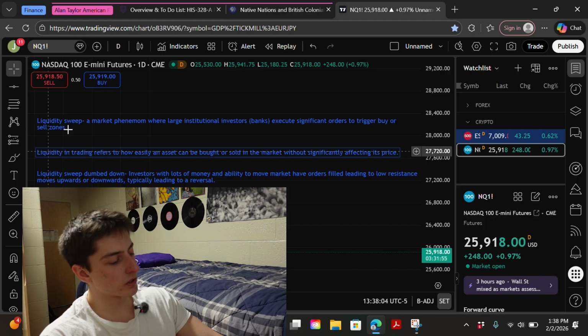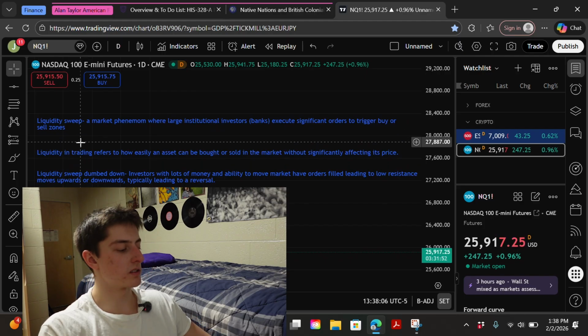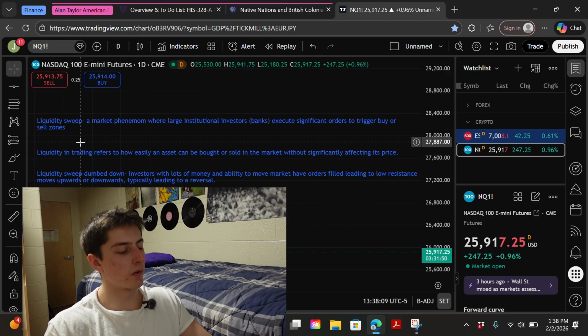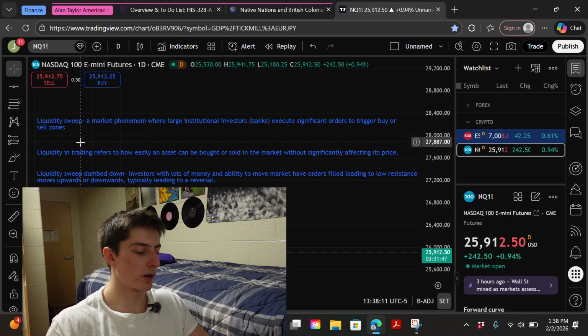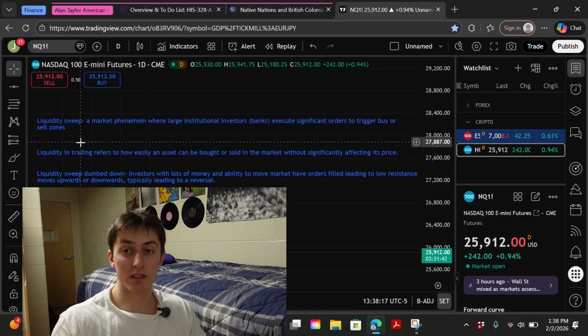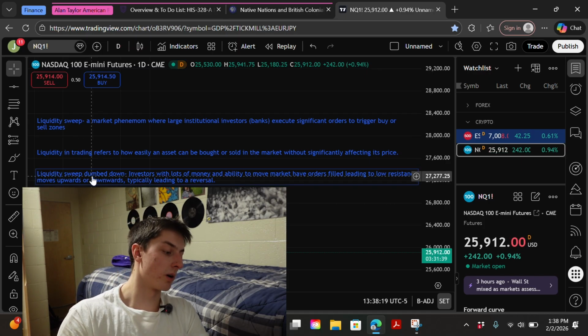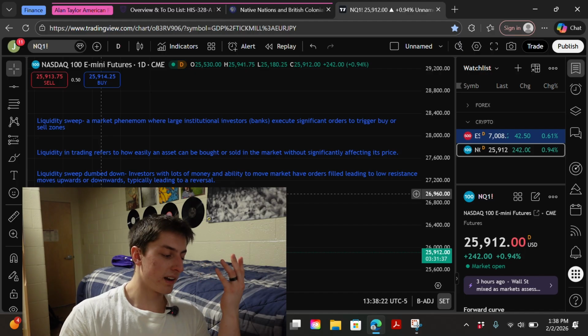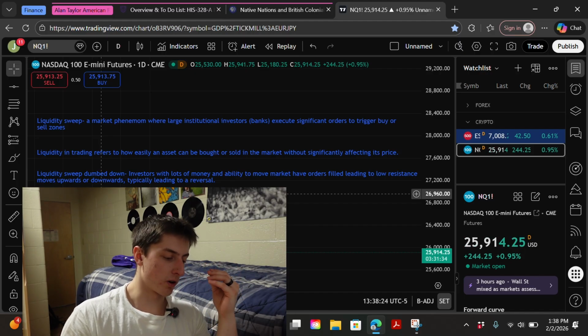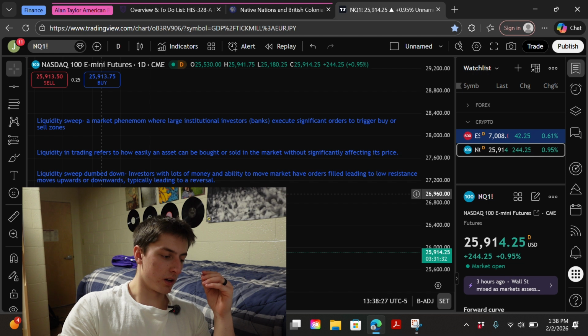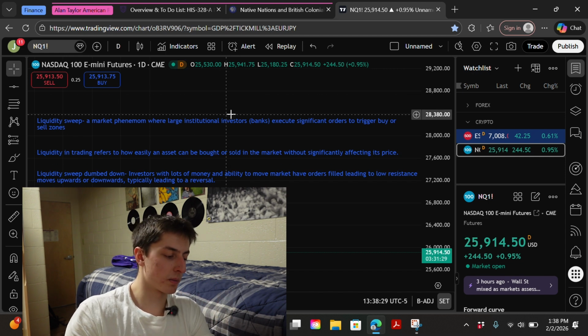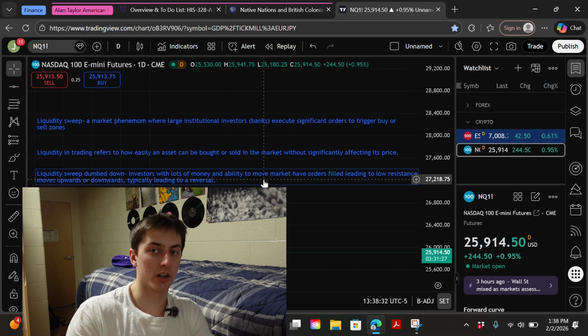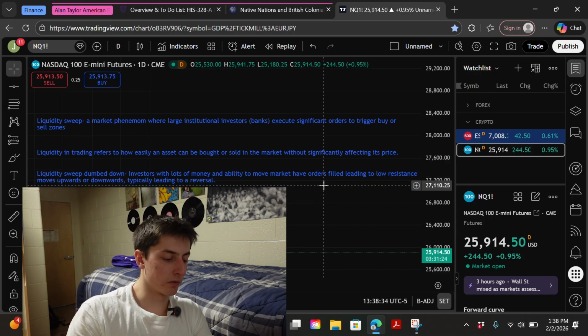Basic definition, you don't need to know this one, but it's nice to know what liquidity is. Liquidity in trading refers to how easily an asset can be bought or sold in the market without significantly affecting its price. Pretty simple, not necessarily that important. Liquidity sweep dumbed down: if you were confused by that, it's where investors, banks, and hedge funds with a lot of capital and the ability to move the market have orders fulfilled, leading to low resistance moves upwards or downwards, typically leading to a reversal.